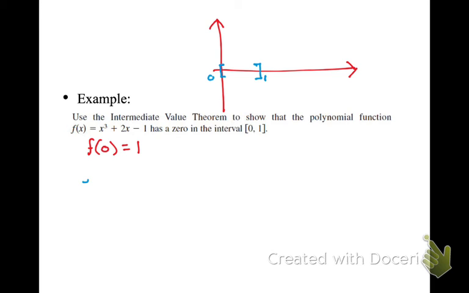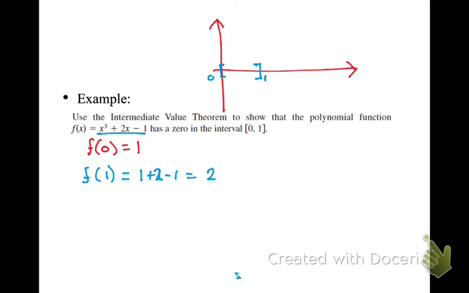Okay, f of 1 is what? 1 plus 1 minus 1, plus 2 minus 1. How about 2? It's 2? Okay, so the intermediate value theorem said if it's continuous.